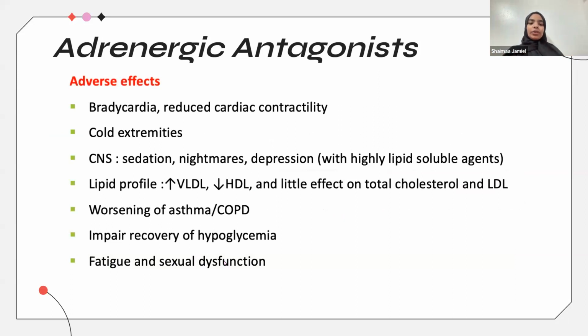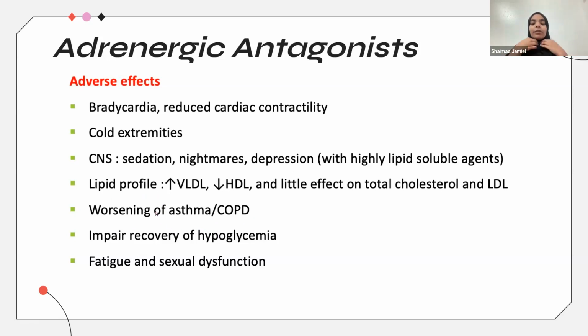So the adverse effects of beta blockers in general: they're going to cause bradycardia because they're going to slow the heart, cold extremities because not enough blood is reaching them. They can mess with the lipid profile, if you remember that beta-3 is present in the adipose tissue. Worsening of asthma and COPD: why?